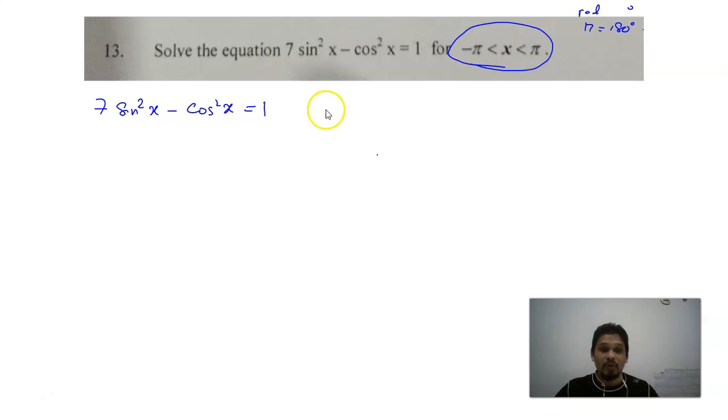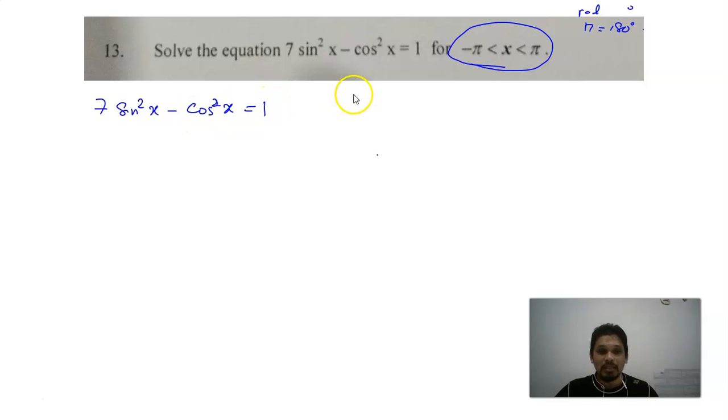So before we continue, in 7 sine square x minus cos square x, we are going to change one of these, so that the terms of sine and cos go from 2 to 1. It's either all sine or all cos.